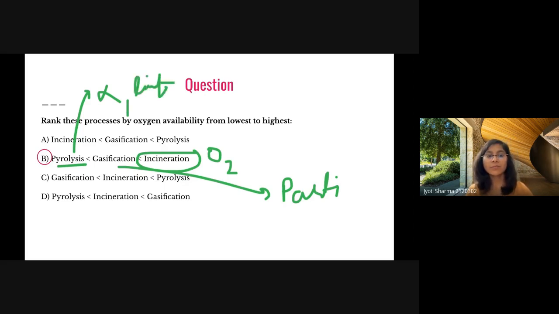So that's how this will be from lowest to highest oxygen availability to burn the sludge and generate electricity. We give more oxygen to the incineration process, limited or partial to gasification, and no or very low oxygen to the pyrolysis process. So that's how B is the right answer.